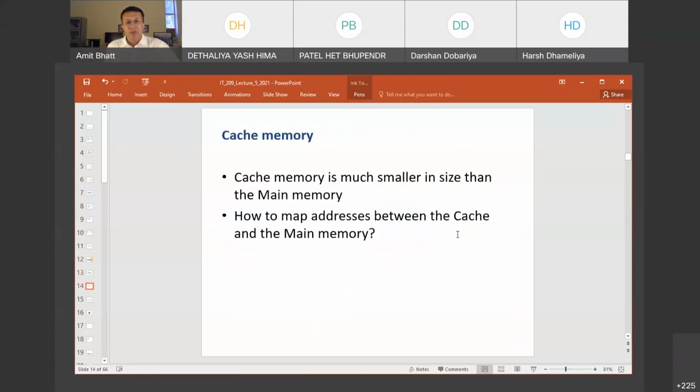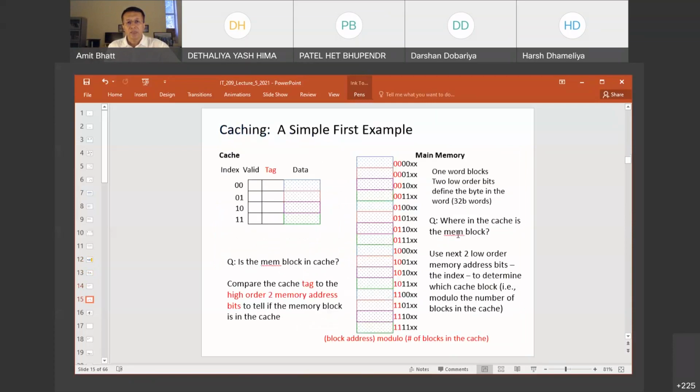Okay. So now let us start the whole idea of caching. We saw earlier that your main memory is much larger than your cache memory, right? Main memory, let's say your RAM.